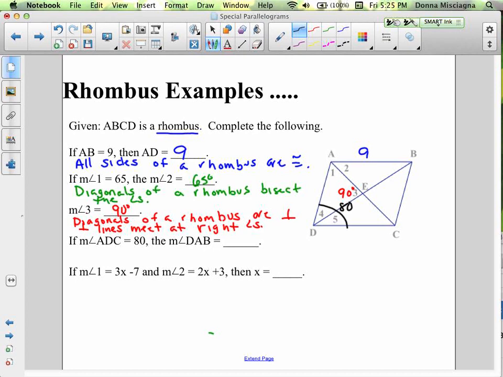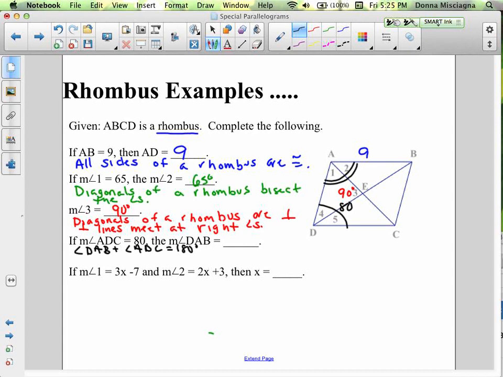We're looking for this one right here, angle DAB. So together, angle DAB plus angle ADC equals 180 degrees.